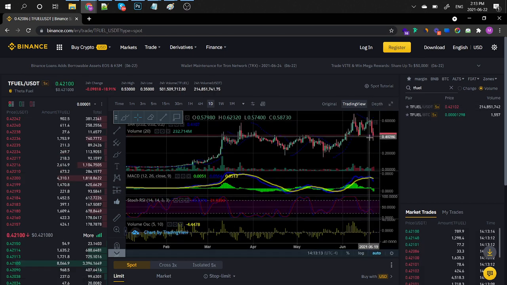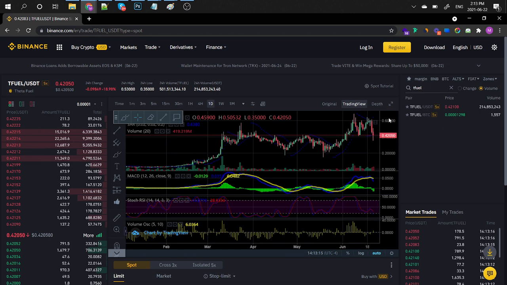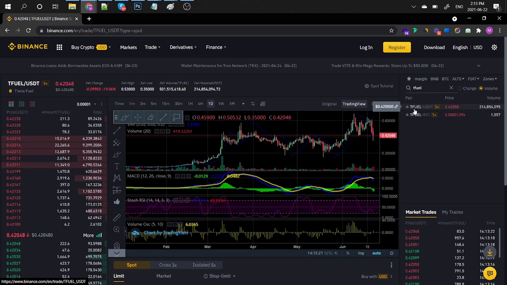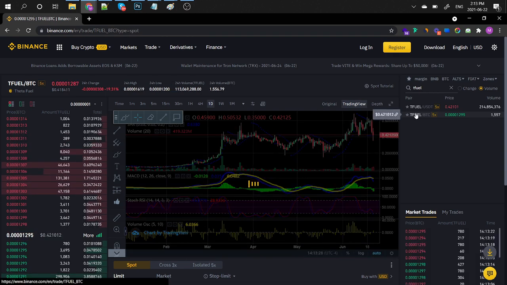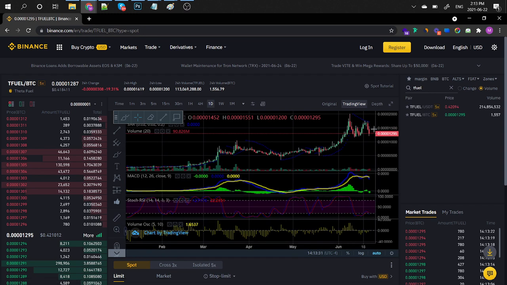So you see here it dipped like crazy, but here it didn't. And it just goes to show that traders in different markets don't see the same exact values in the tradings, and they don't see the same exact panics. So this basically means a lot, guys. It drops less with the BTCs than it does with the USDTs.